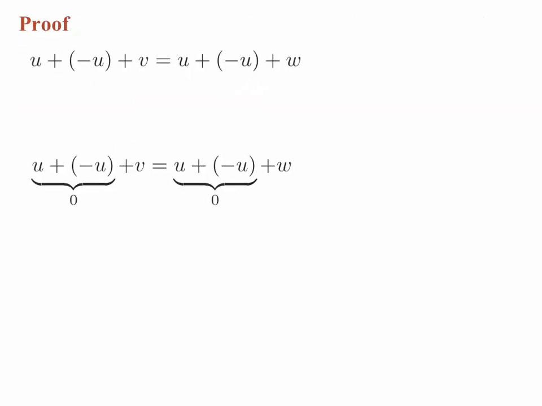So for our proof, we know that (minus u) plus (u plus v) equals (minus u) plus (u plus w), because one of the axioms says that since u is a real number, u must have its additive inverse, which is minus u, so I can add that to both sides of the equation.